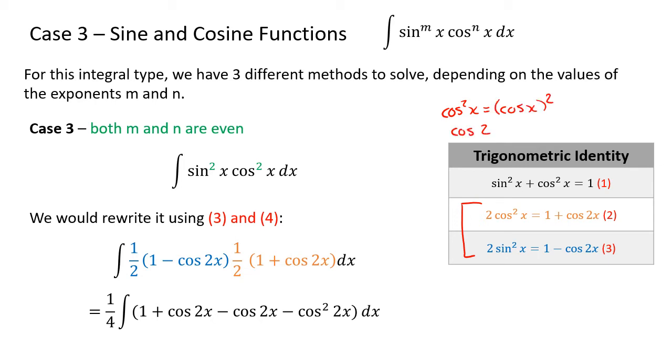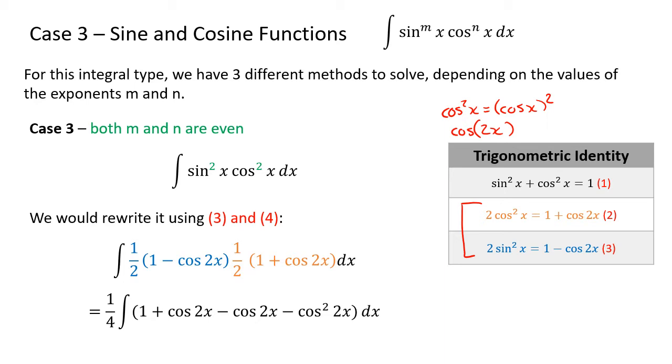Cosine of 2x is actually the cosine of 2x. So 2x is the function within the cosine. And what this means is it's 2 times the function x that was sitting here in this cosine squared function. So it doesn't have to say cosine squared of x here. It could be another function as long as you do 2 multiplied by it.